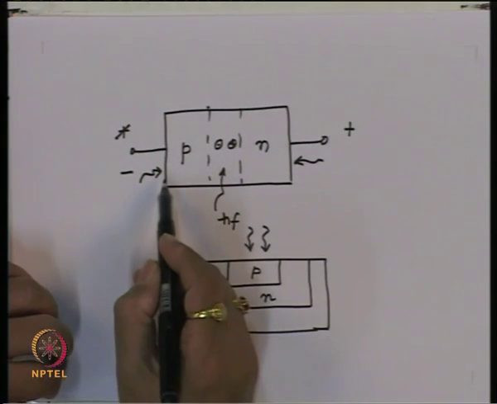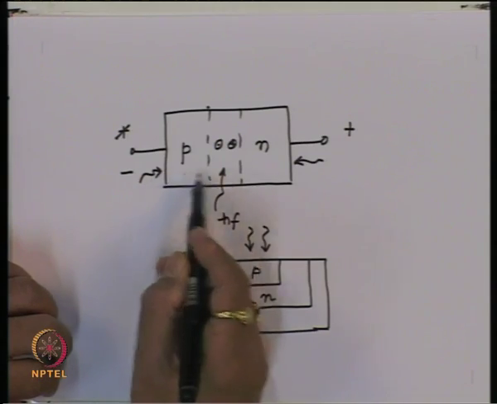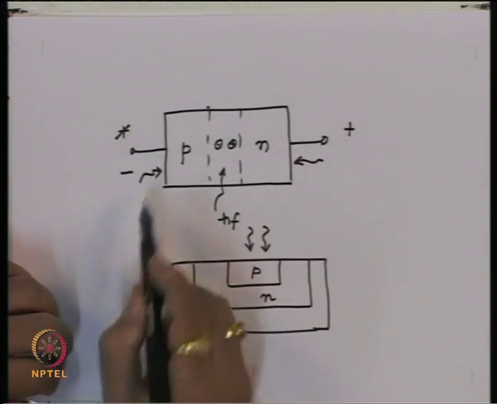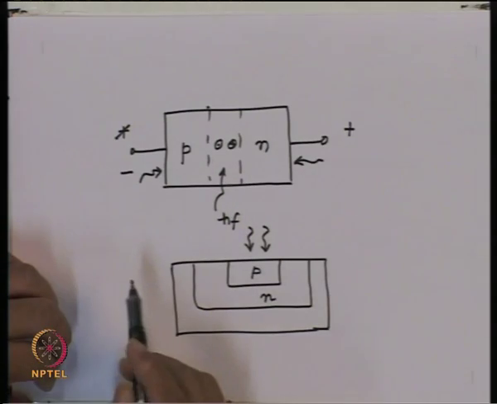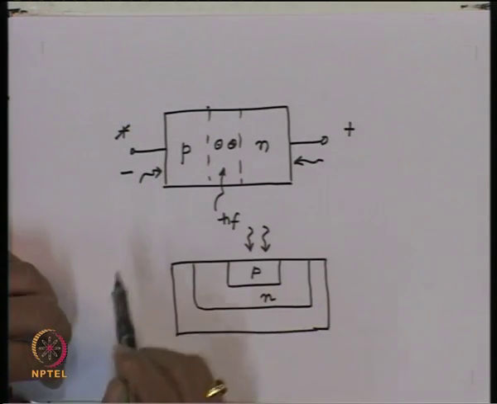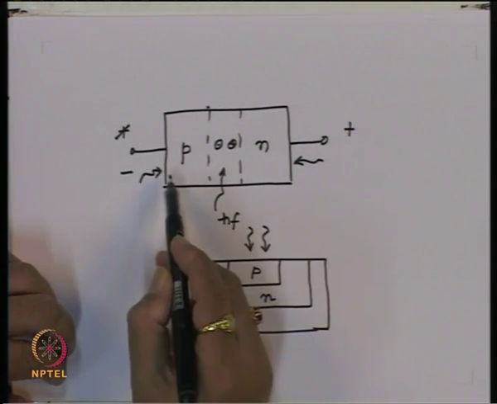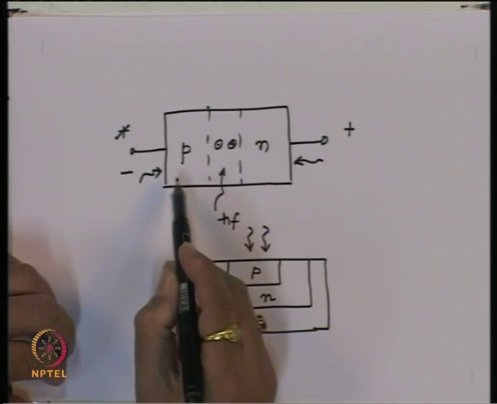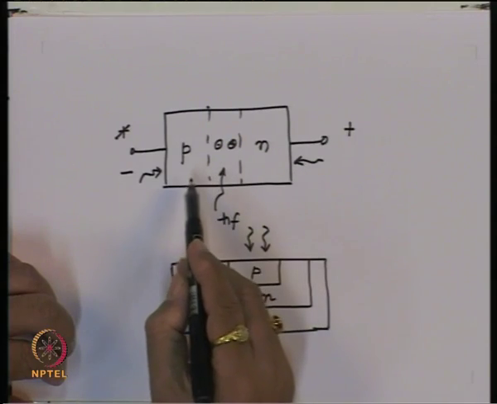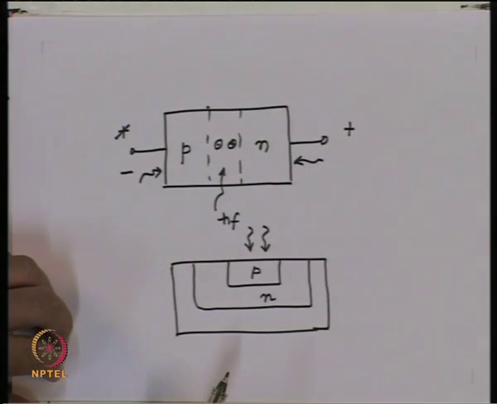As soon as the photon beam enters the PN junction, the absorption process starts. You essentially have carrier generation right from this point as the beam propagates inside the PN junction.